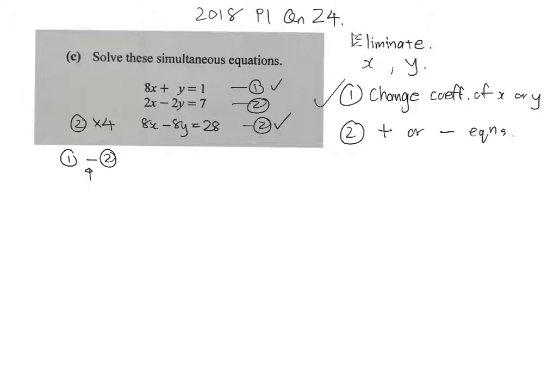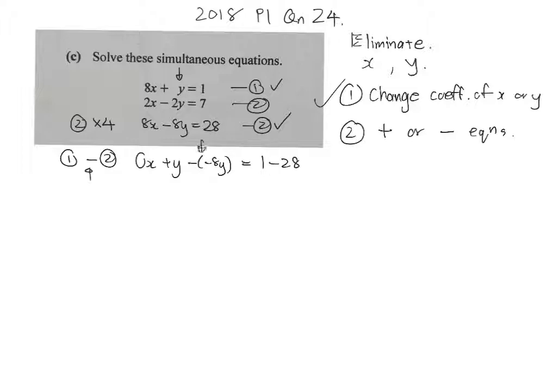So 8x minus 8x, 0x left. Now the tricky one: y minus negative 8y. You have a double negative. So what does that leave us? Positive, right? I say again, it was y minus negative 8y from the top to the bottom. Can you see that? Yeah. And then 1 minus 28.